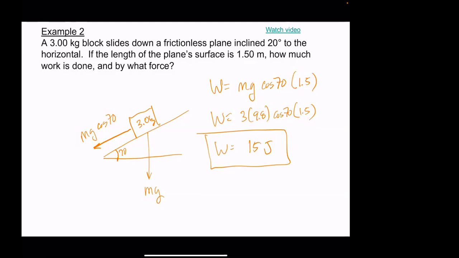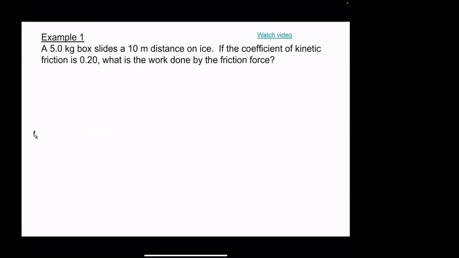All right, let's try another one. Here we go. Here's a friction problem. A 5 kilogram block slides 10 distance on ice. If the coefficient of kinetic friction is 0.2, what's the work done by the friction force?